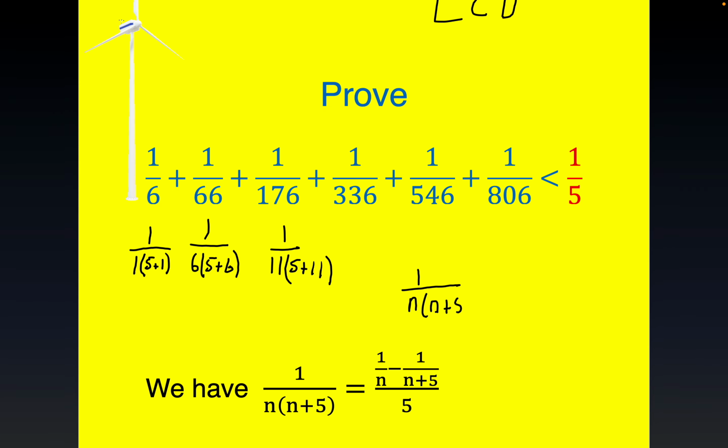I won't go through every single step, but how we know this becomes this, because it's not obvious, unless you have some experience with this. If you write it as A over n, where A is just some real number, usually an integer or maybe a rational number, probably a rational number here, plus B over n plus 5.